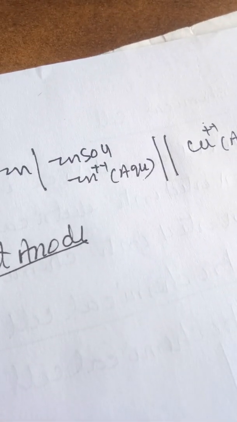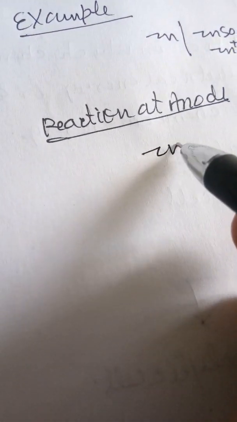But nowadays we consider the electrode potential in terms of the reduction potential. So we can write here the zinc ion is changed into zinc metal, 2 electrons, and it is the zinc solid. This is the anodic reaction.